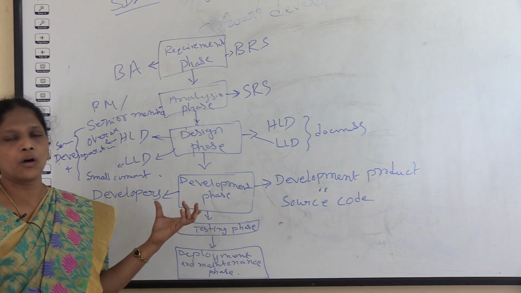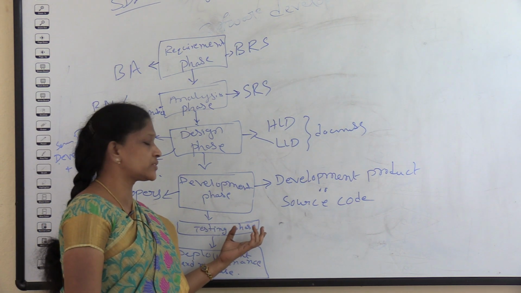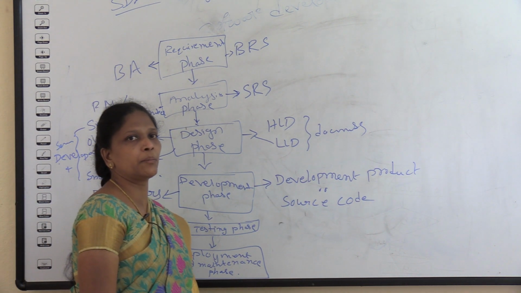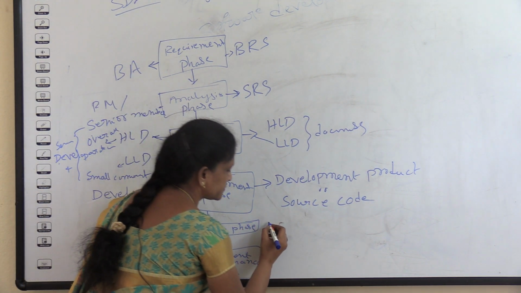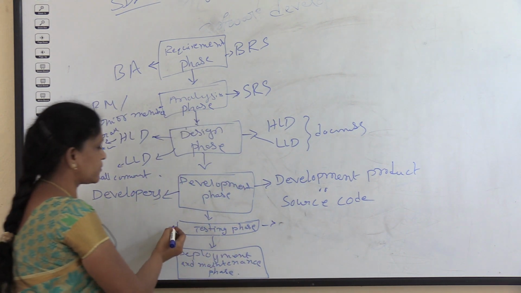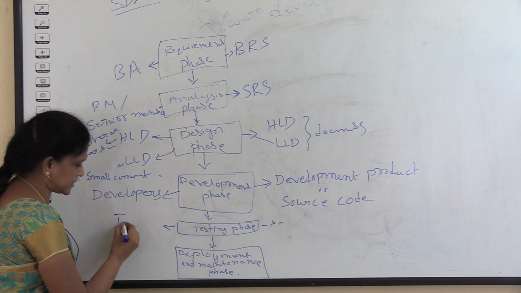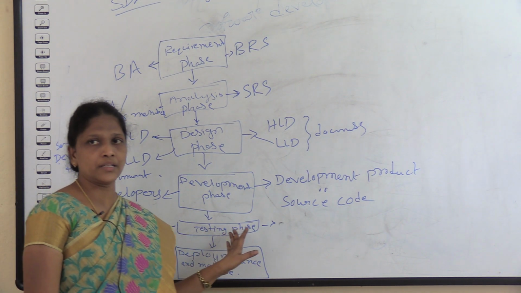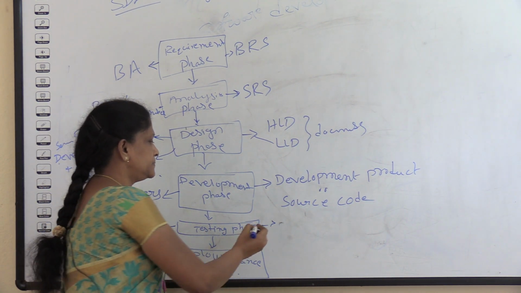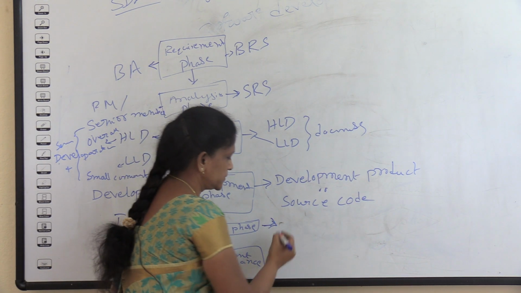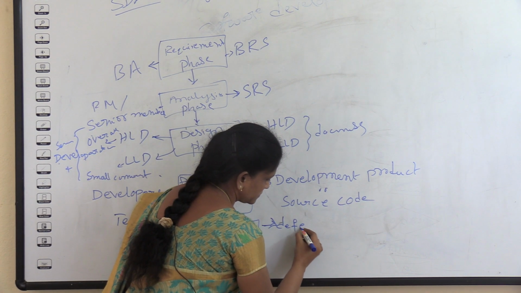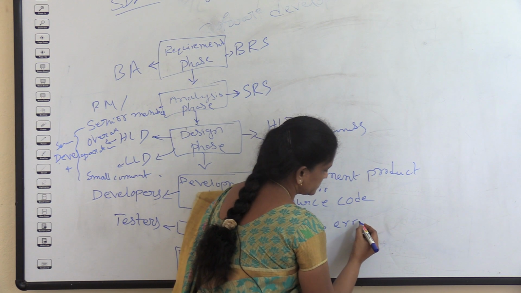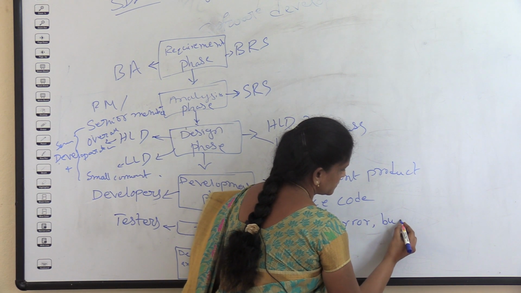Testing means checking the defects and errors. Who will be involved in the testing phase? Testers are involved in the testing phase. They will do the error, defect and bug checking.